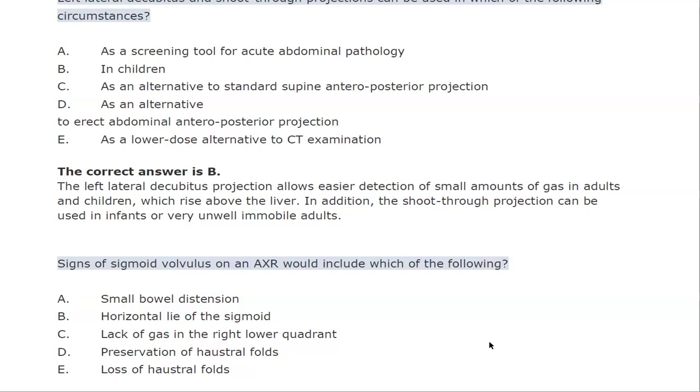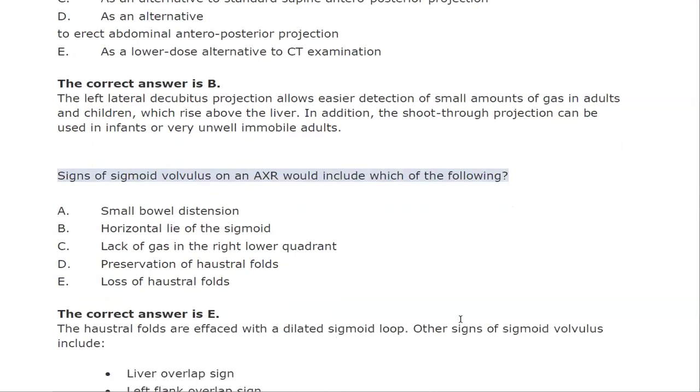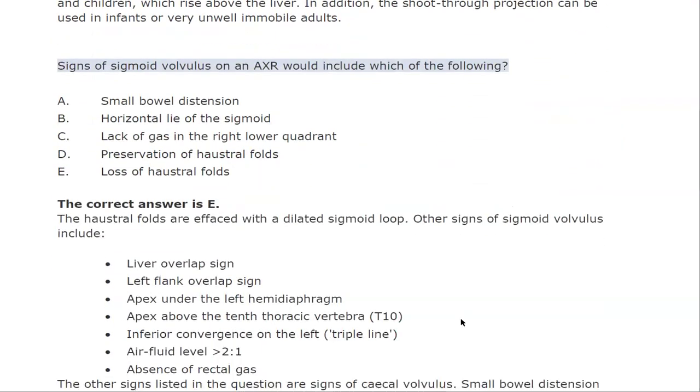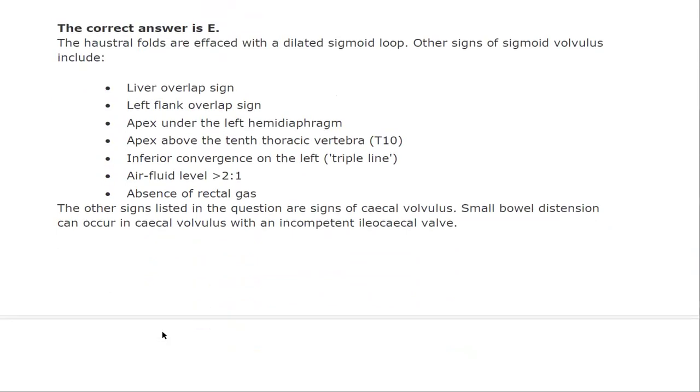Yes, loss of the haustral markings. So these are the signs of sigmoid volvulus. Other signs: liver overlap sign, left flank overlap sign, apex under the left hemidiaphragm, apex above the 10th thoracic vertebra, inferior convergence of the left midline, air-fluid level, absence of rectal gas.